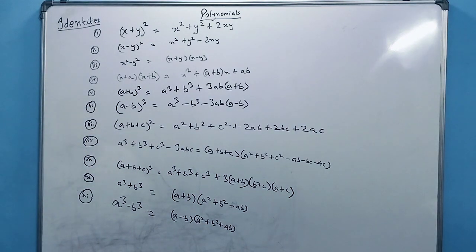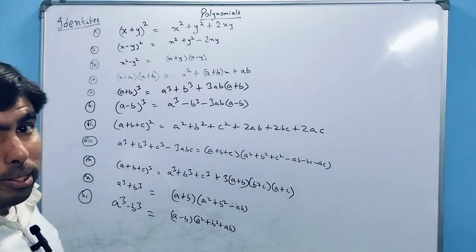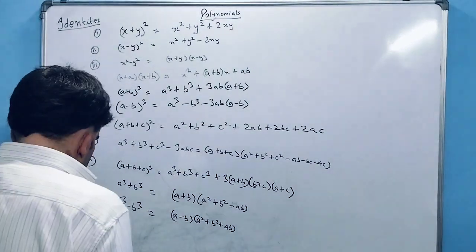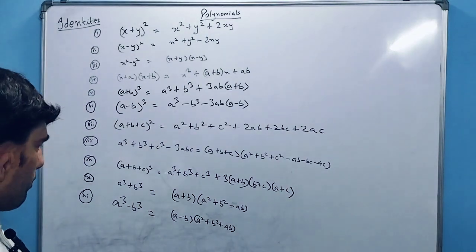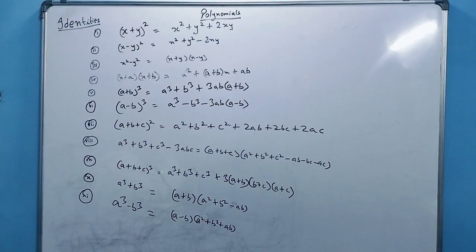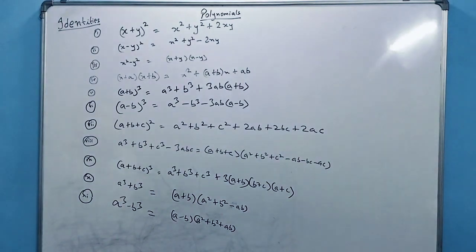Okay, these are the important identities which we will try to use in numericals now. I hope it is clear. I think now we have sufficient identities for class 9th which we will be able to use in numericals.